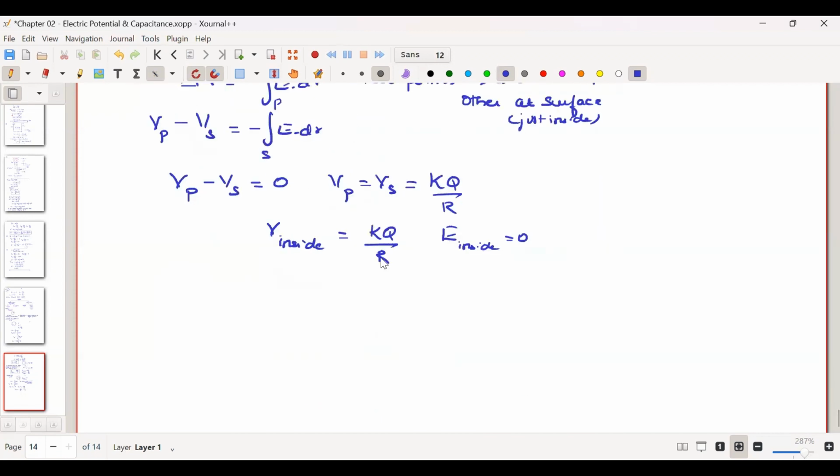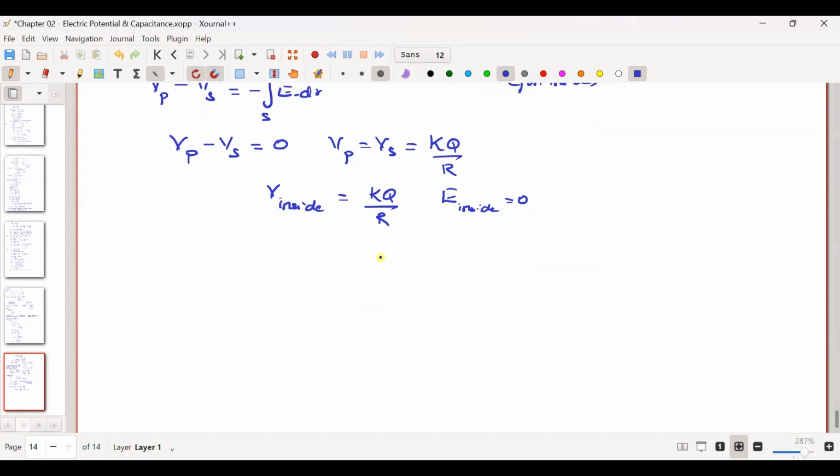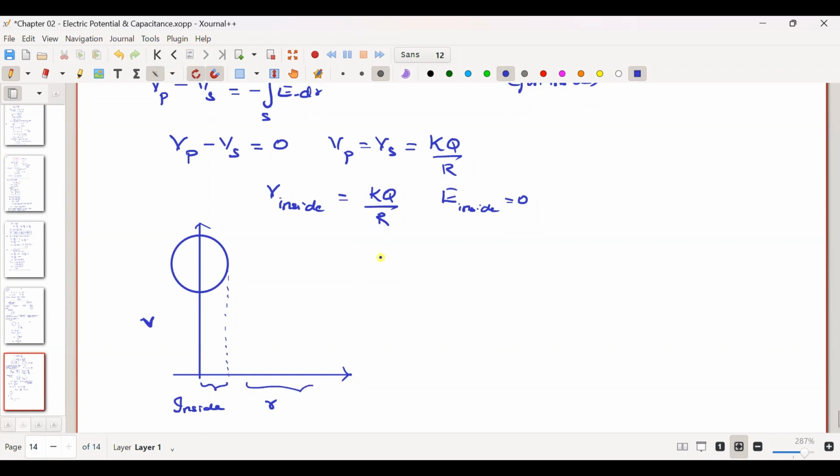If I draw a graph like what we did, so I have this sphere. Let's say this is the potential versus R, V versus R. This is inside, and this is all outside.